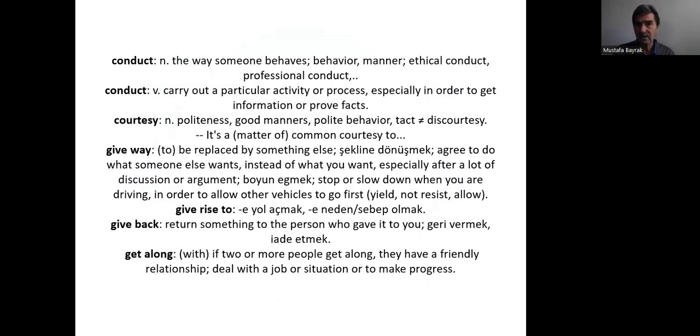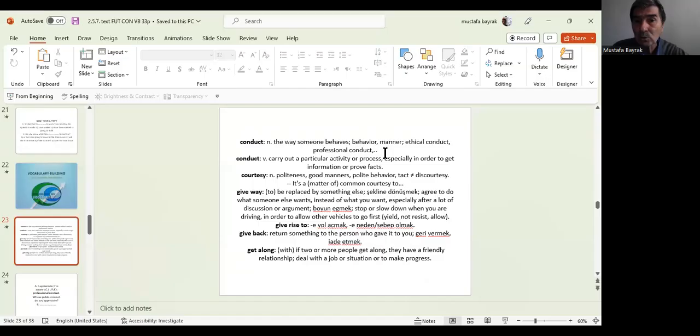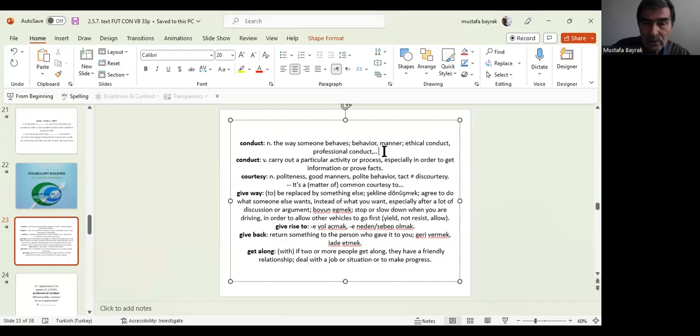As a verb, it means to carry out a particular activity or process, especially in order to get information or prove something. For example, we use do for experiments. Do experiments.